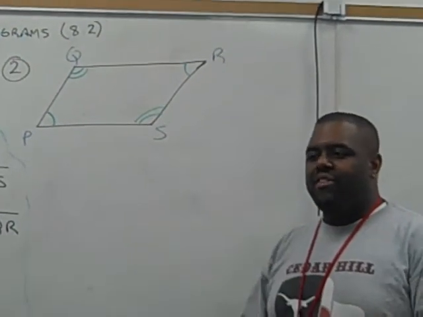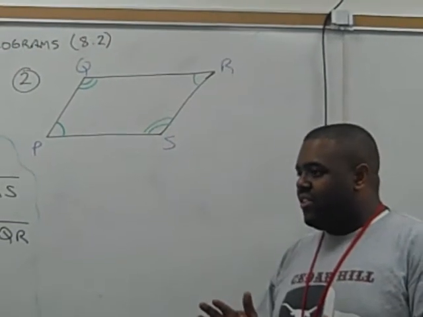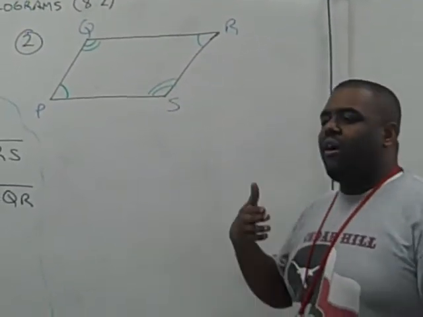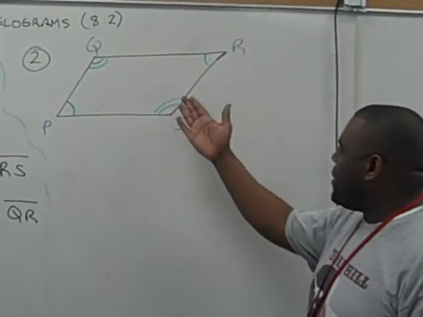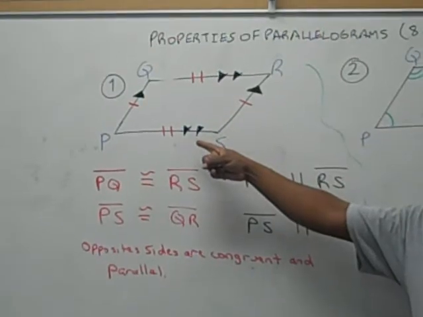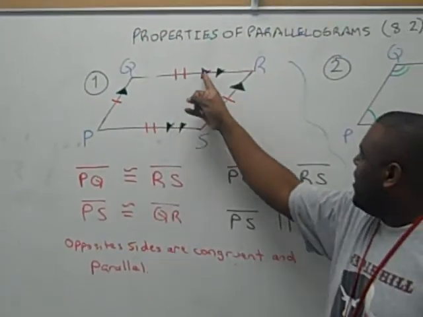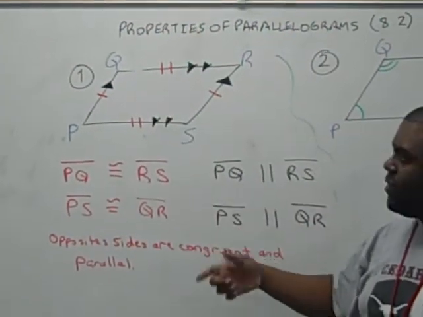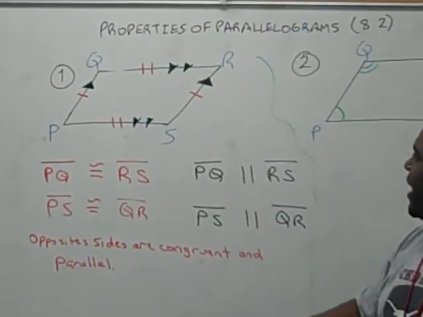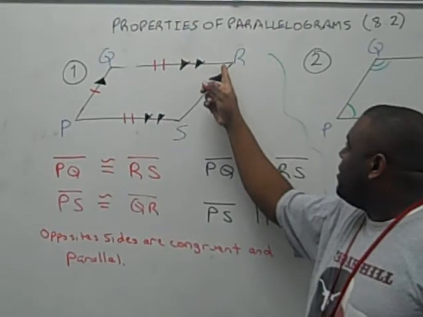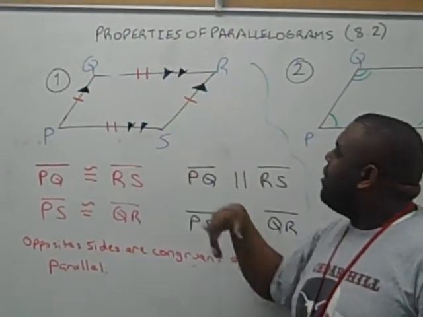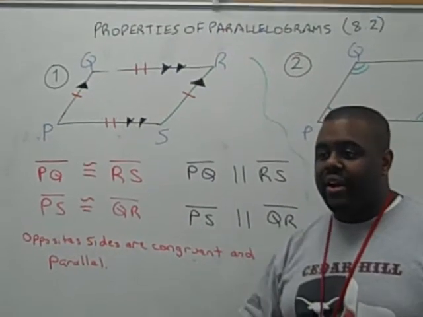Those were pairs of angles that were also supplementary. And that's kind of happening here. Remember, going back to this picture, we've already marked that this and this are parallel. This and this are parallel. So what that means is that the angles that are inside parallel lines, consecutive interior, are supplementary.